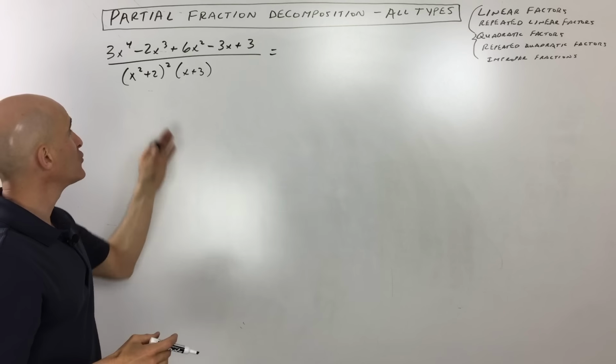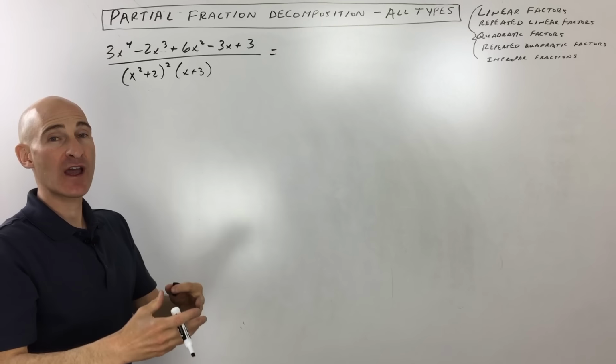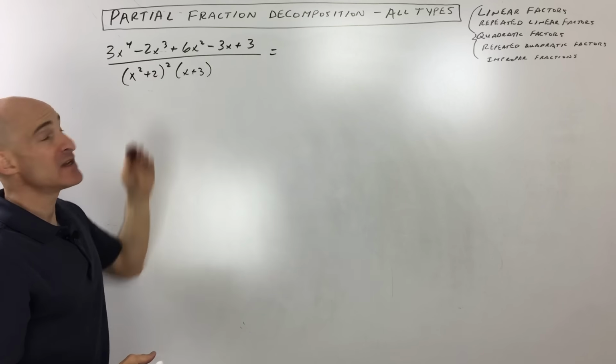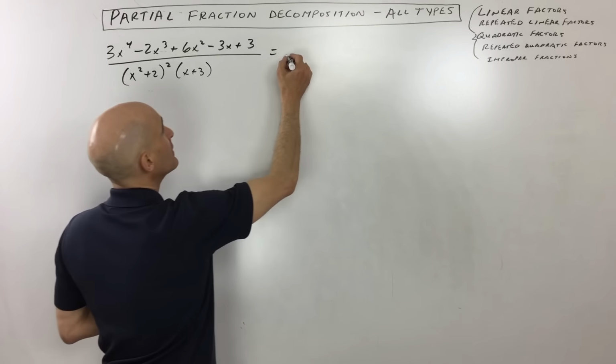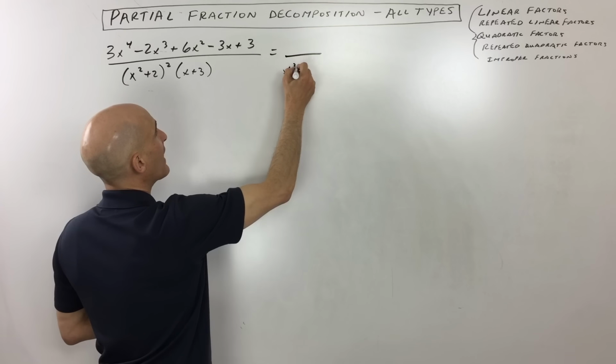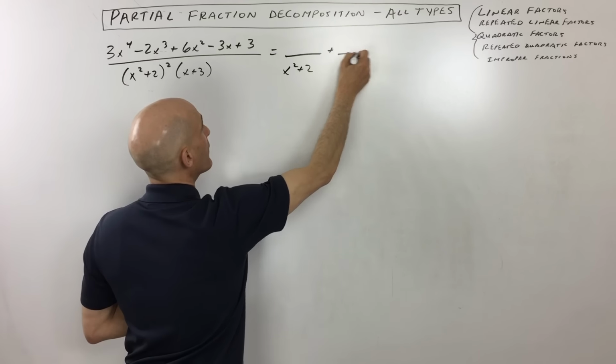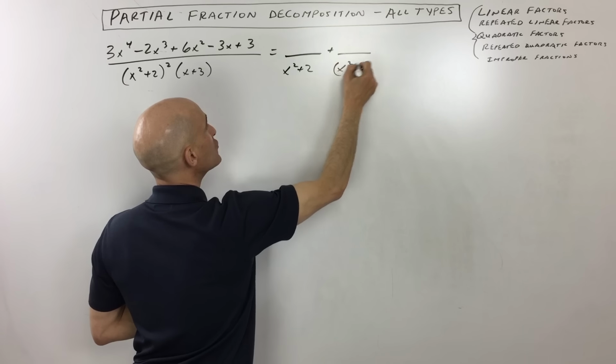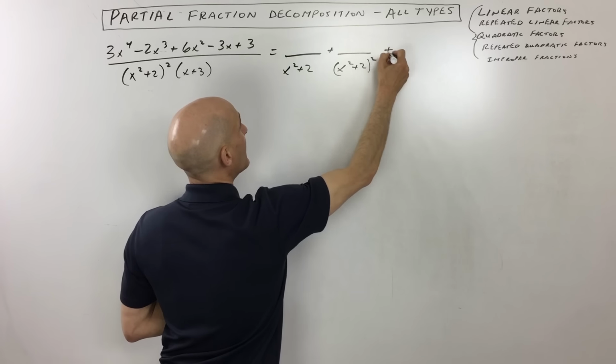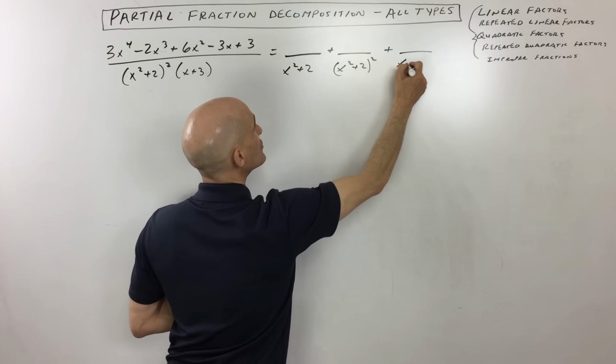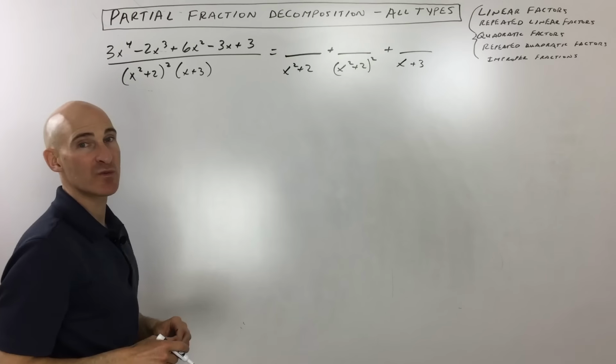What we have to do is consider what those original fractions were with this repeated quadratic factor. So our fractions are going to look like x squared plus 2, but also x squared plus 2 squared, and we also have this linear factor here, which is x plus 3. Okay, you're with me so far?